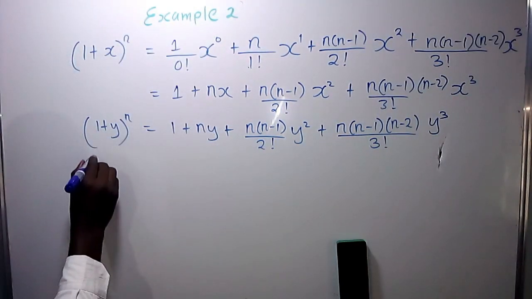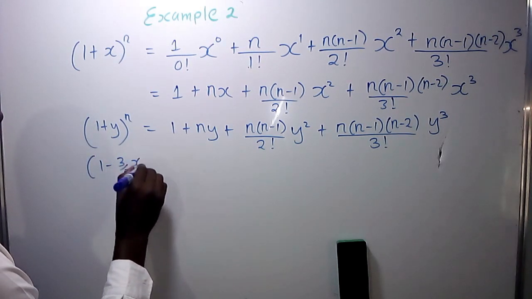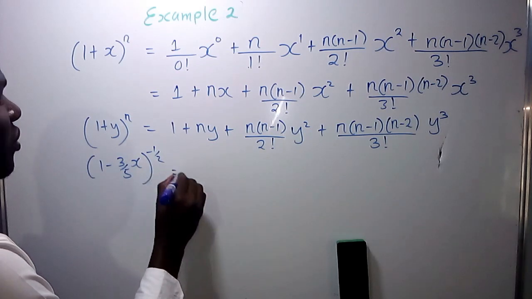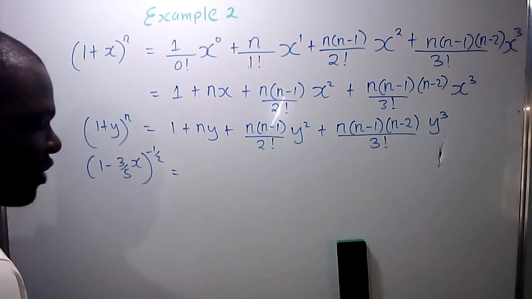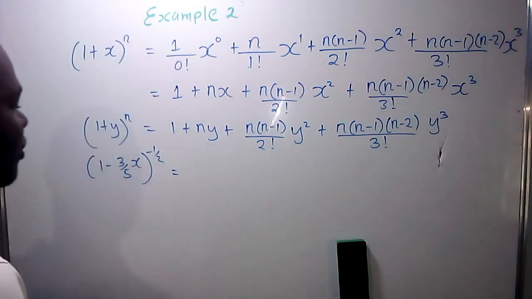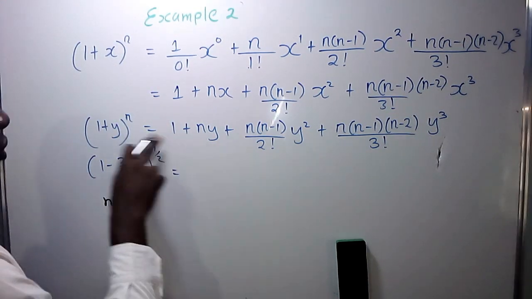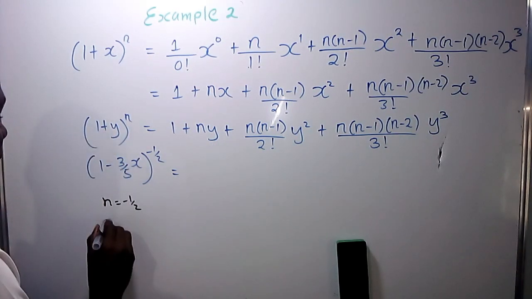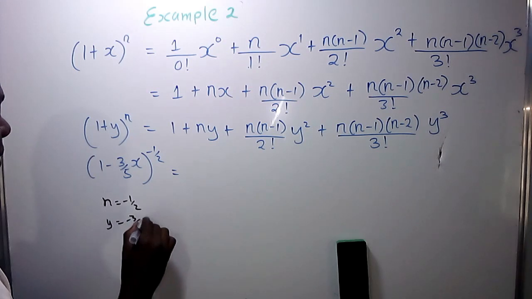So we want the first 4 terms of the expansion of (1 − 3/5 x) raised to negative half. Here, our n is negative half. And where y is, here we have negative 3 over 5x.